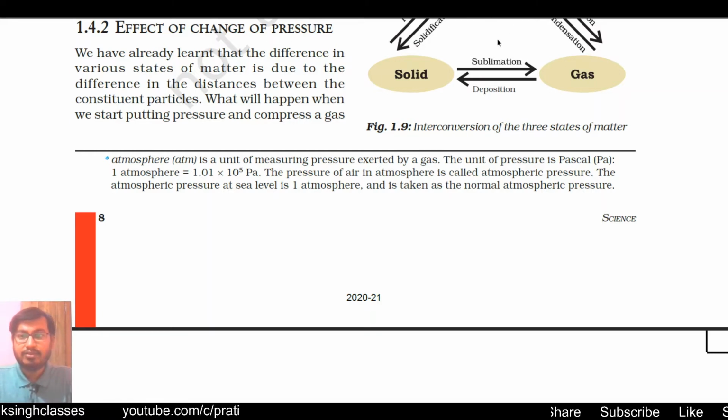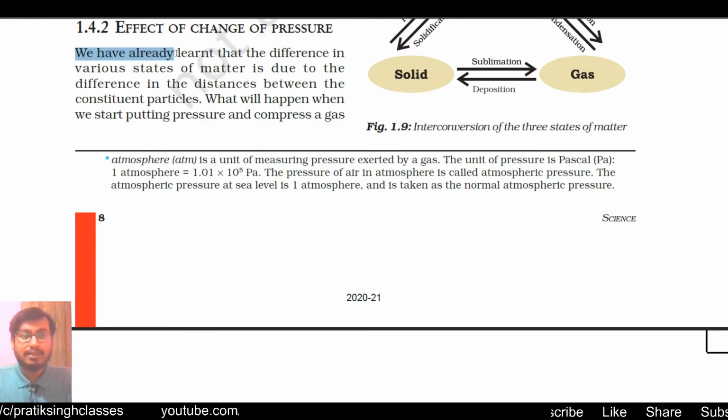In our previous video we studied whether matter can change its state, and we saw what happens when we change the temperature of matter, how matter changes its state, and what happens to the particles of matter when it does. Those things were related to heat. Now today we will study things related to pressure.